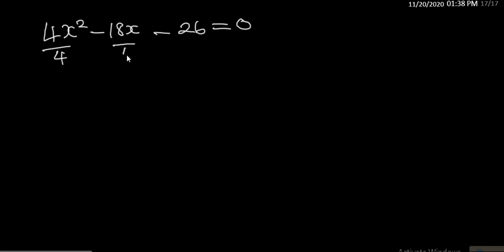Example 4, 4x squared minus 18x minus 26 equals 0. So in this case, divide all through by 4. So you have x squared minus 9 over 2, 48x.